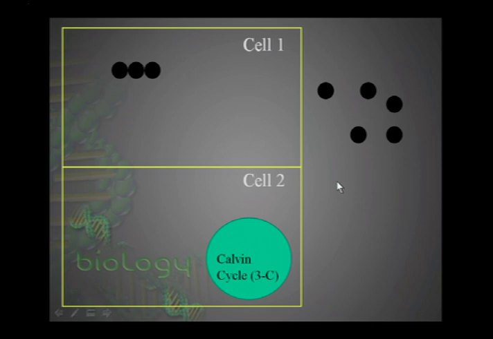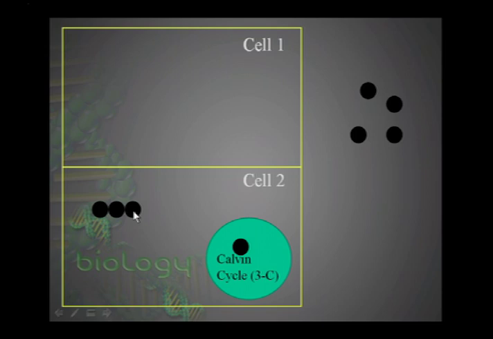So in the C4 pathway, what happens is that there's a 3-carbon molecule that will have an enzyme that will bind incoming carbon dioxide to that. So these are carbon dioxides, and they will bind to a 3-carbon molecule to form a 4-carbon molecule, hence the 4-carbon pathway. Then that will follow its concentration gradient into an adjacent cell, and there that cell will give up the carbon dioxide to the Calvin cycle.